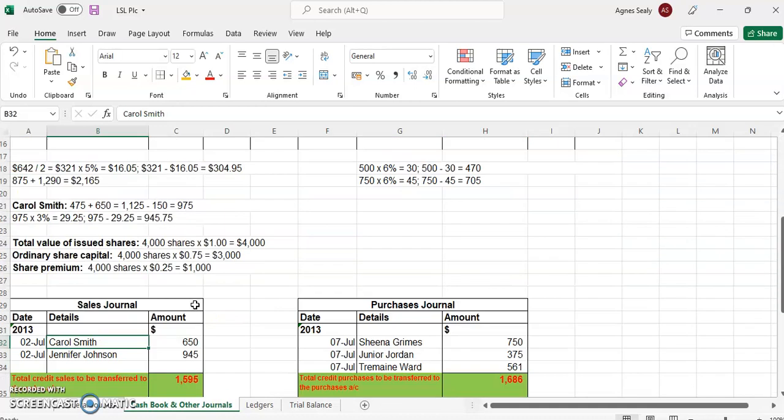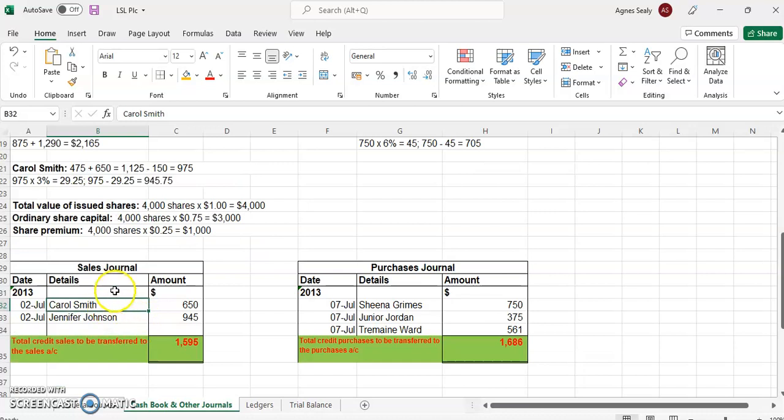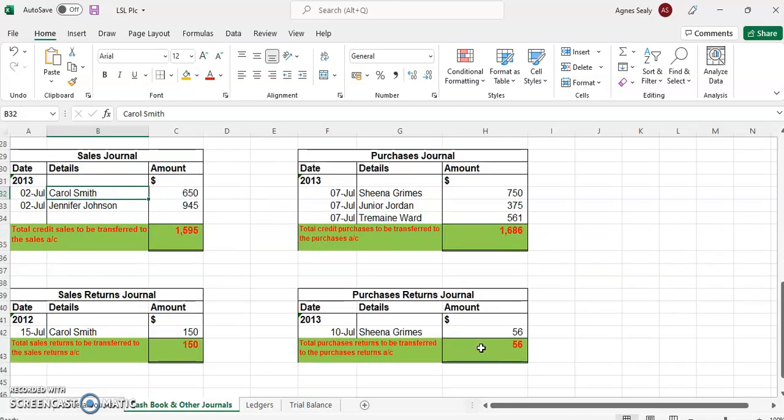Before we go to the cash book, we have to do an account for our sales as well. So we're going to have a sales account because remember, this total must be transferred to the sales account. We are going to have a purchases account because this total must be transferred to the purchases account in the general ledger.